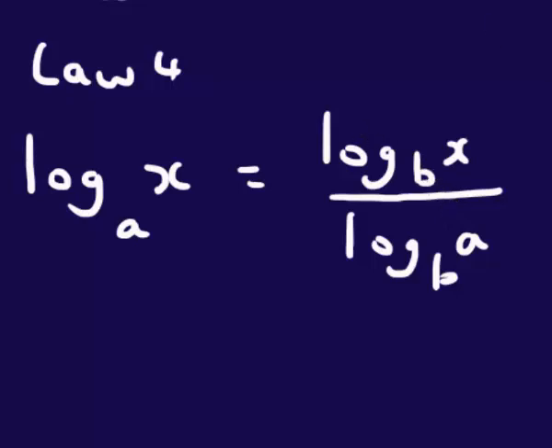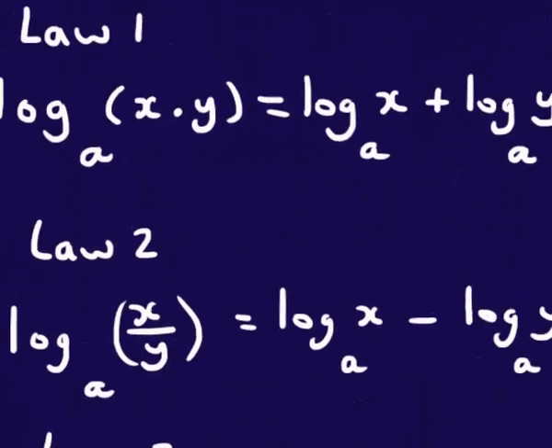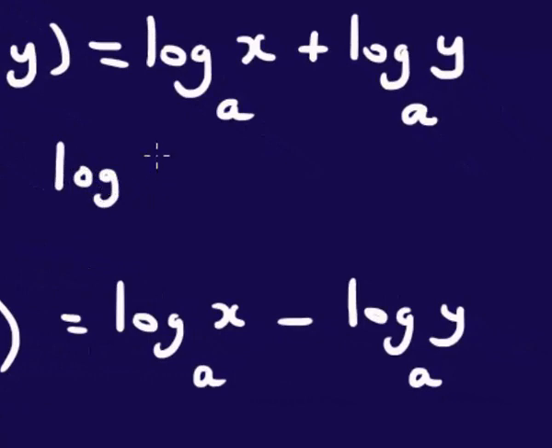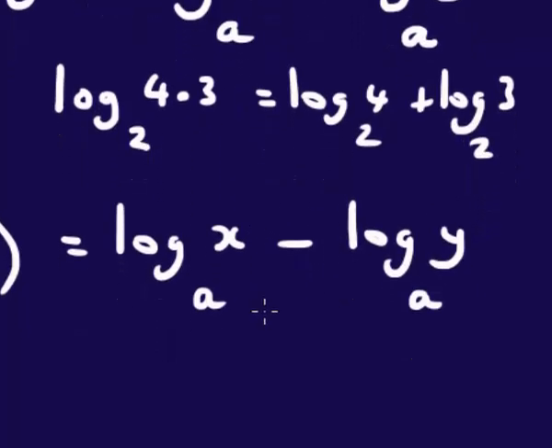Okay, just to look at the examples quickly, we're using these laws. If we look at the first law of logs, if you had, for example, log 4 multiplied by 3 to base 2, that could actually be log of 4 to base 2 plus log of 3 to base 2. And it would apply if it's divided. You actually do the same there.